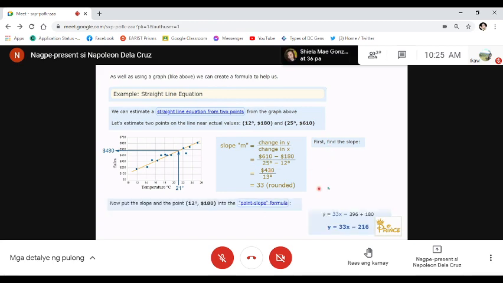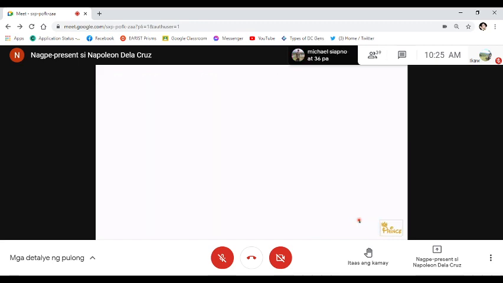Find the slope: m is equal to (y minus y1) over (x minus x1). Okay, we already have the m there. So we have now the equation of the line: y is equal to 33x minus 216.